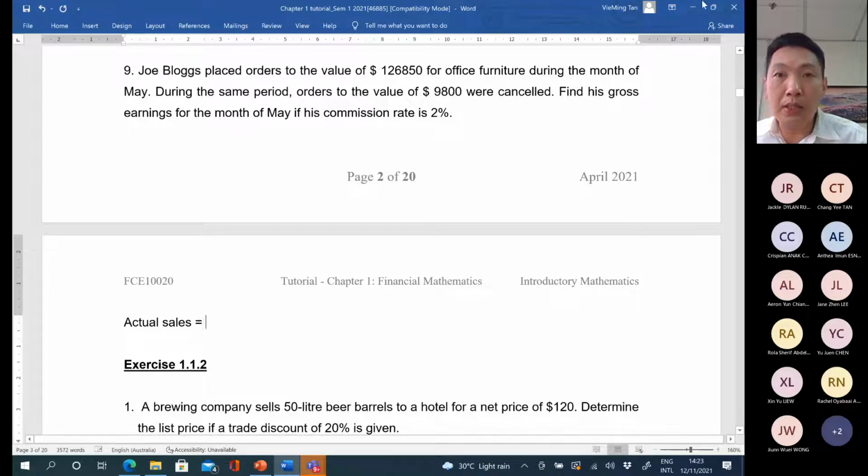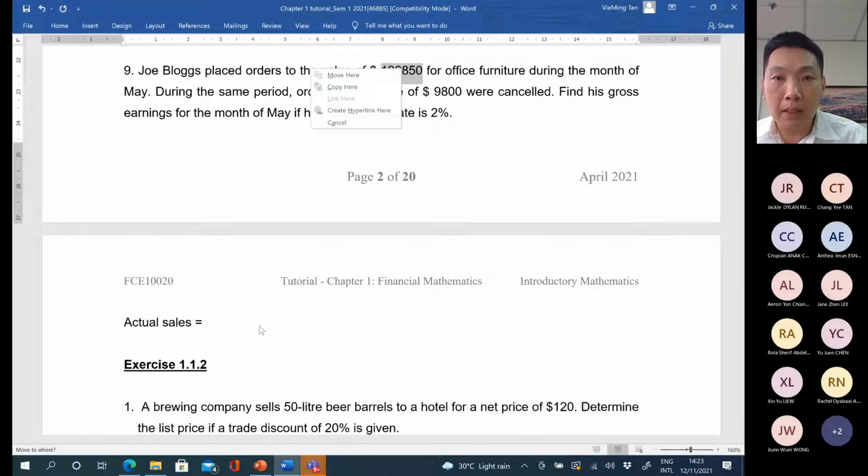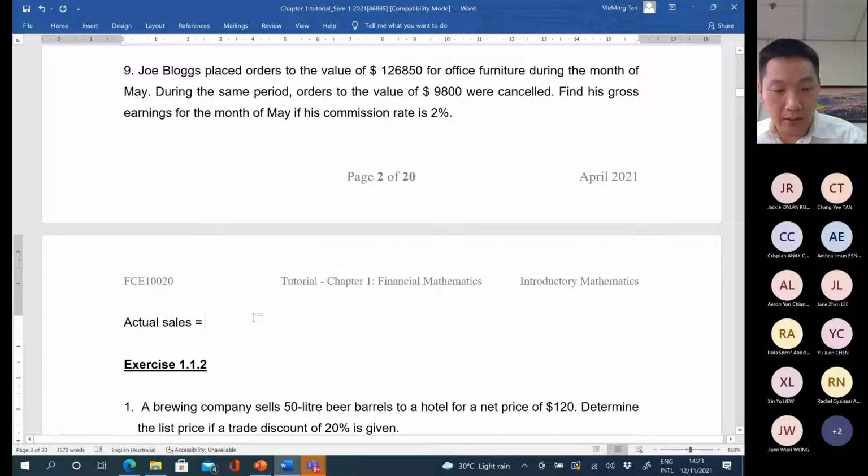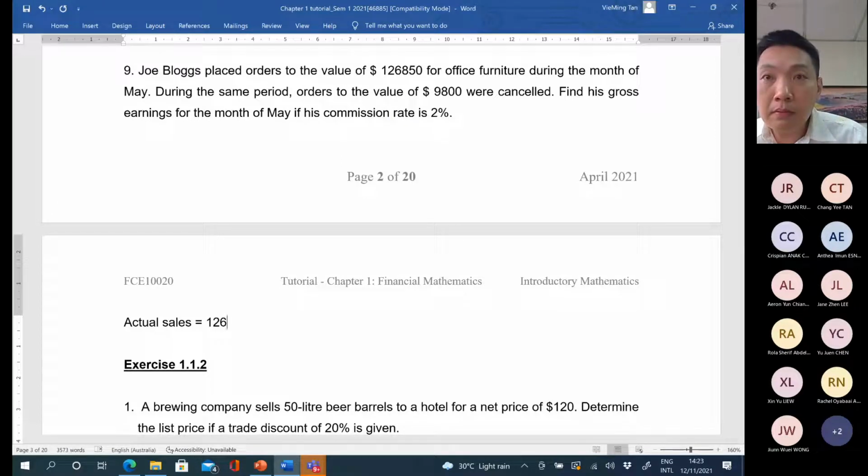So the actual sales use this number, 126850. I think I'd better just type directly, it's faster. Minus the order that was cancelled, 9,800. So how much is the actual sales achieved by that salesperson in May?